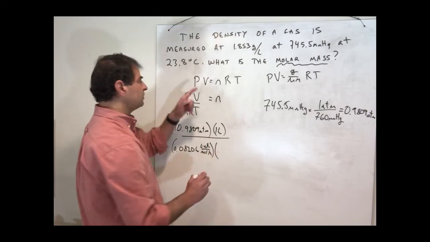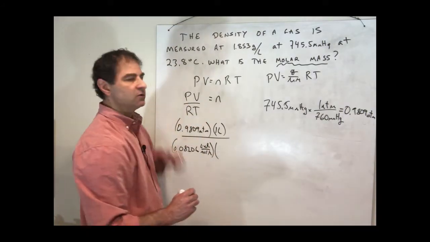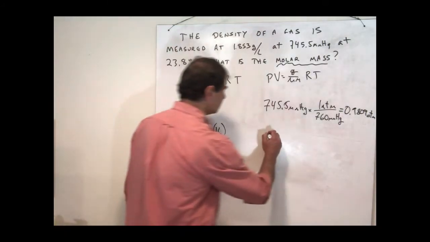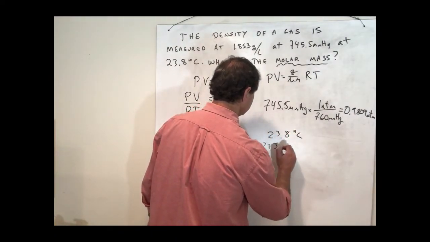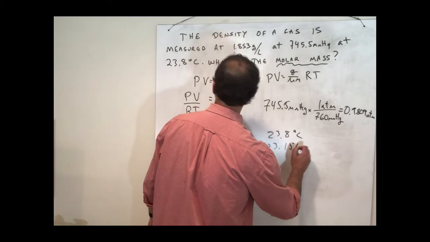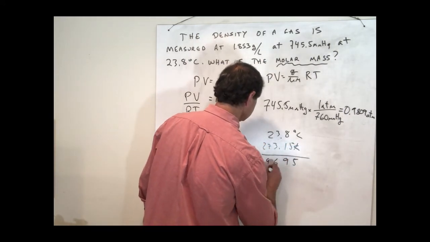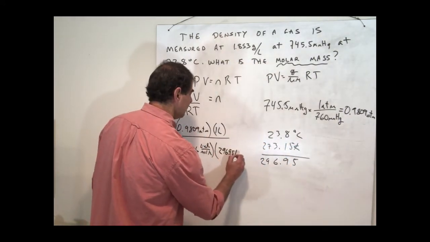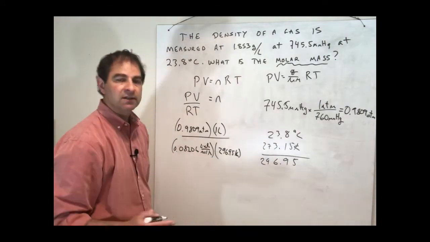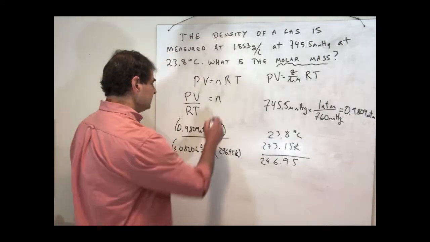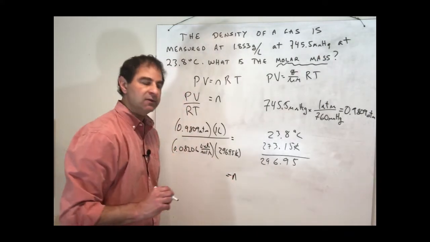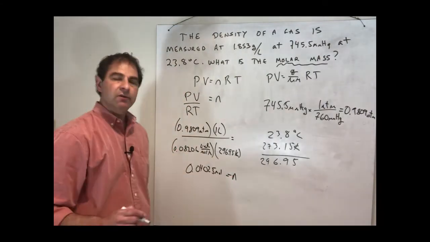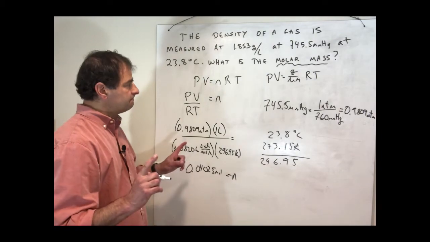And my temperature. Temperature's in Celsius. Let's convert. 23.8 degrees Celsius plus 273.15 gives 296.95 K. I can always have more significant figures. And this is going to give me my number of moles. So n equals 0.04025 moles.